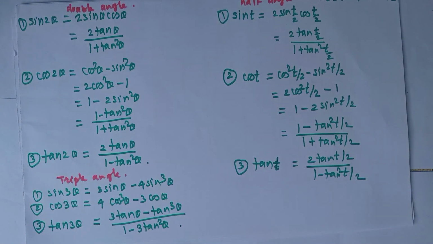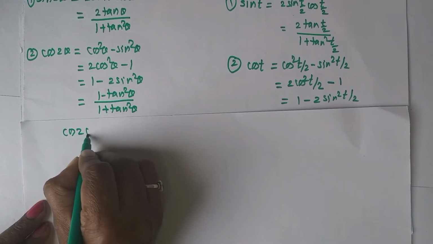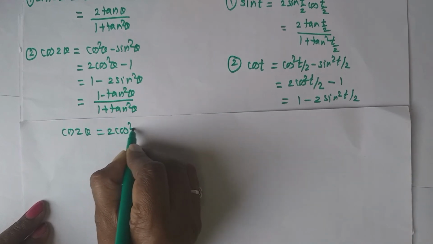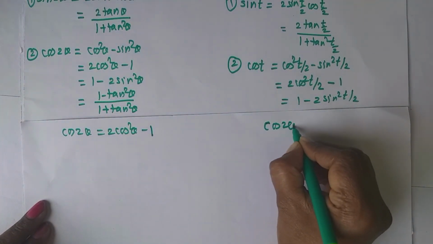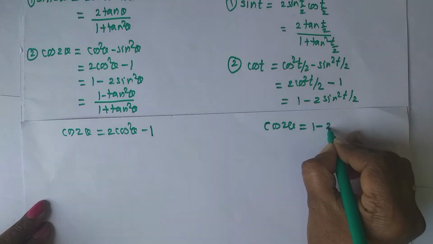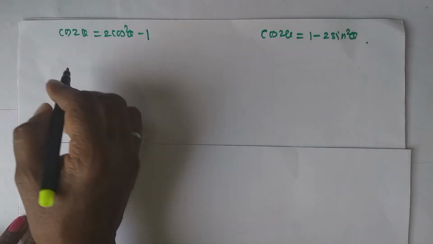Now again, from these formulae I can derive new formulae. See, we know that cos 2 theta is equal to 2 cos square theta minus 1, and the second formula, cos 2 theta is equal to 1 minus 2 sin square theta. From these two formulae, I will derive the new formula.